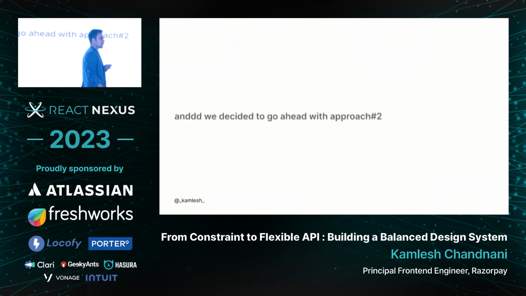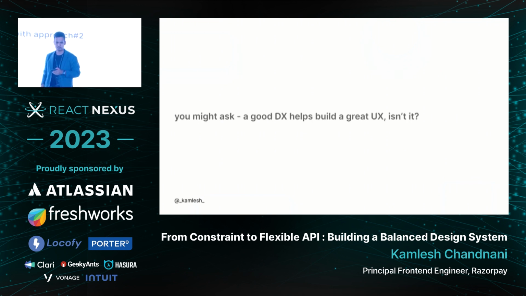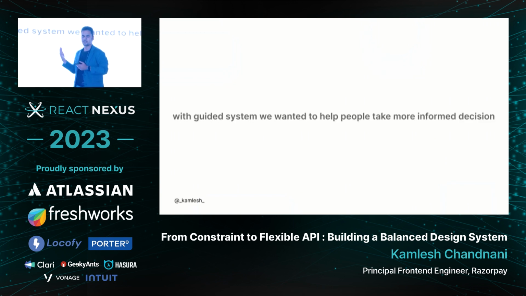And we decided to go ahead with approach number 2. You might ask, a good DX helps build a great UX, right? So with a guided system, we wanted to help people make more informed decisions.